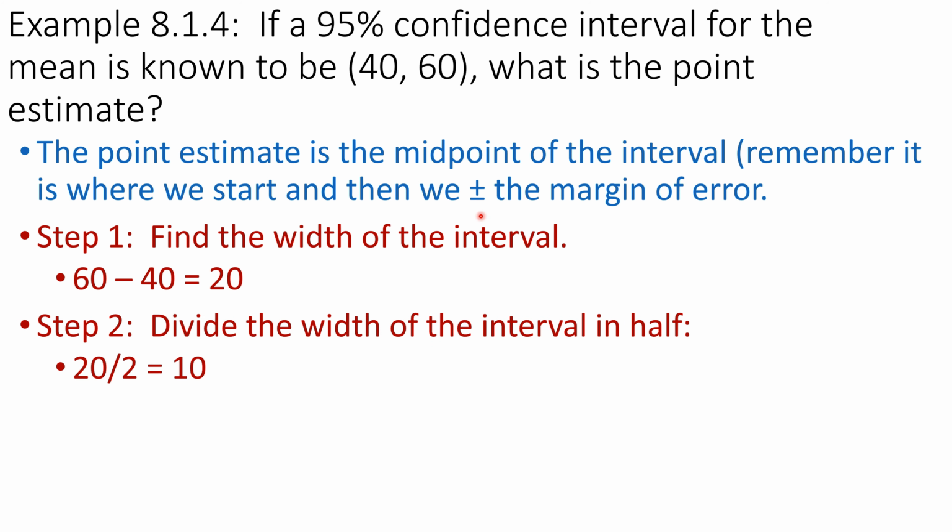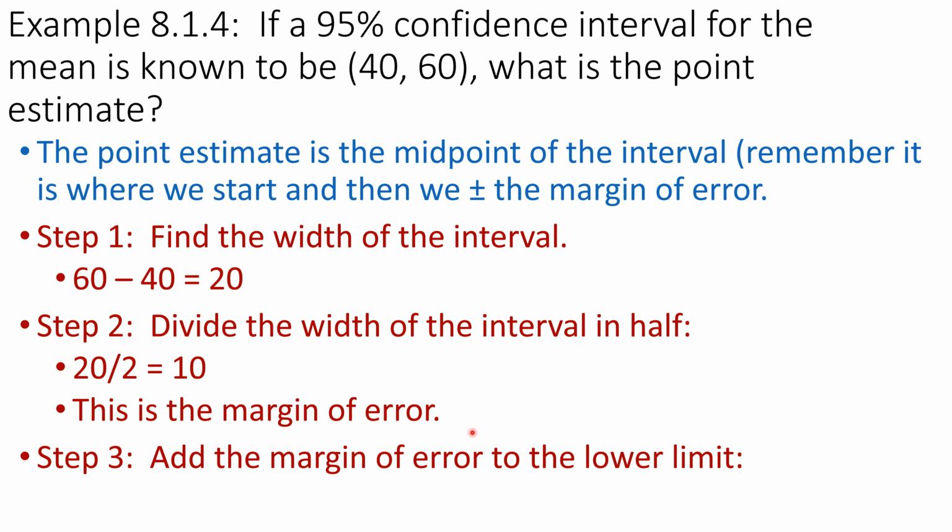Step 2, we can divide the width of the interval in half. The result will be the margin of error. Step 3, we can add the margin of error to the lower limit or lower bound. So the point estimate will equal 40 plus 10 equals 50.